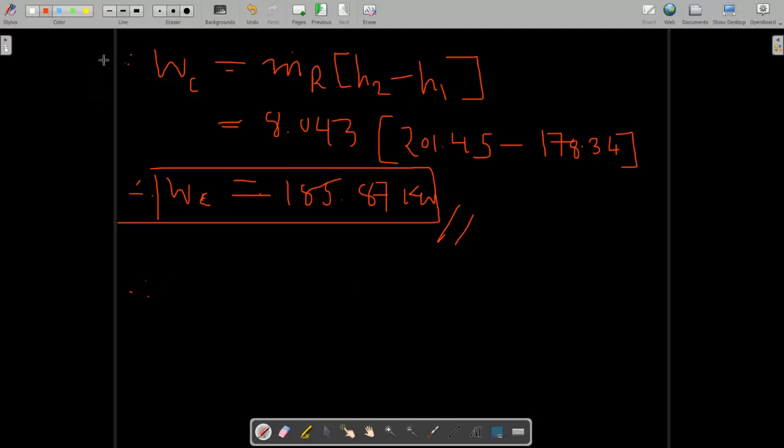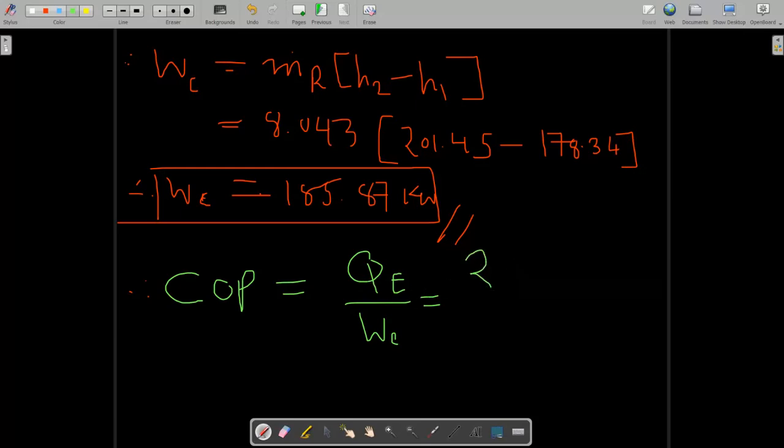Now the third question is, what is the actual COP? Actual COP is given by how much heat is extracted in the evaporator, that means refrigeration effect, upon how much compressor work or electric power we have given. The amount of cooling is 250 ton, multiplied by 3.5 to get kilowatt, divided by compressor work, 185.87.